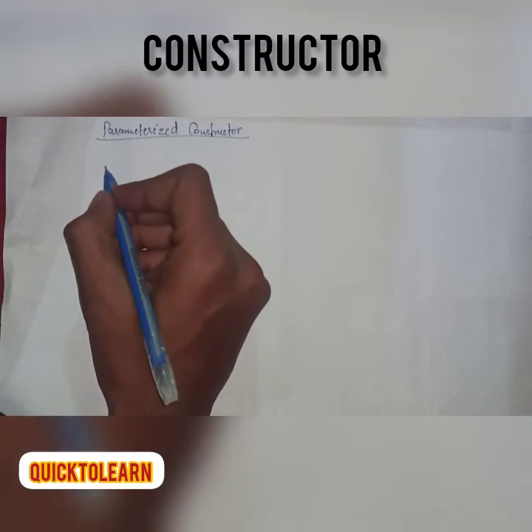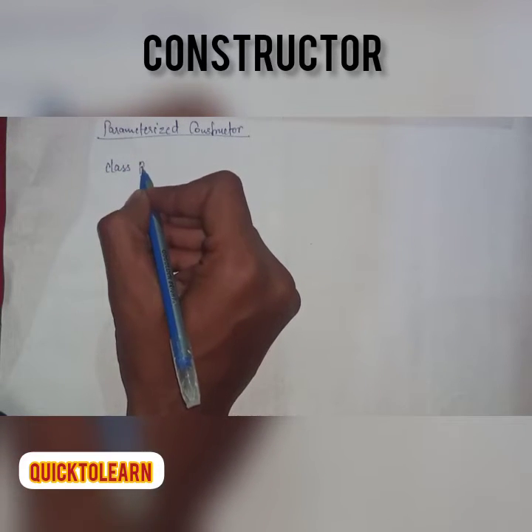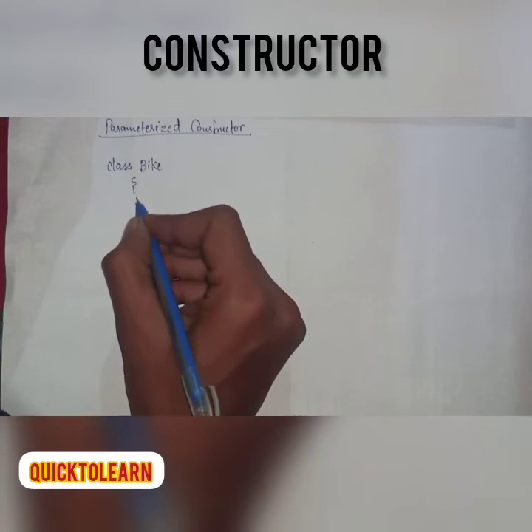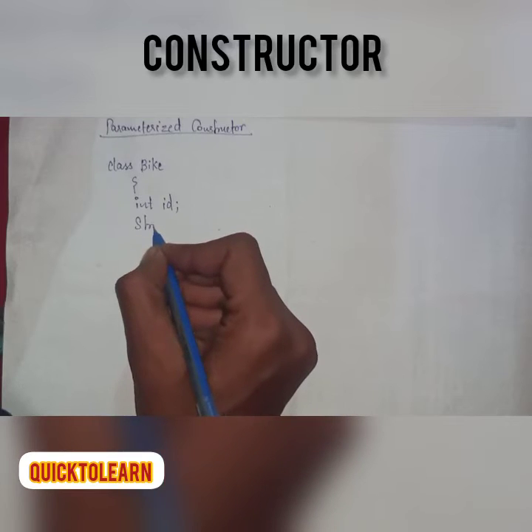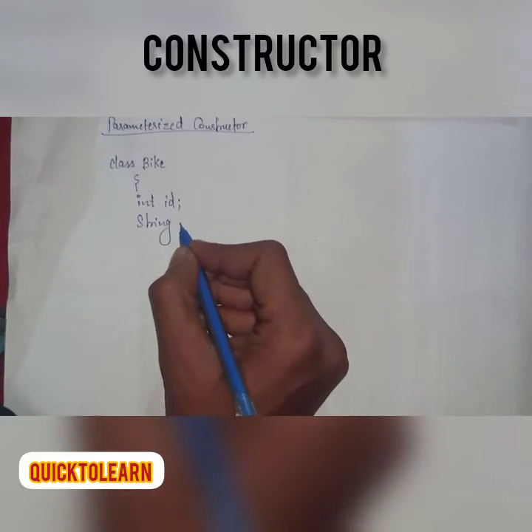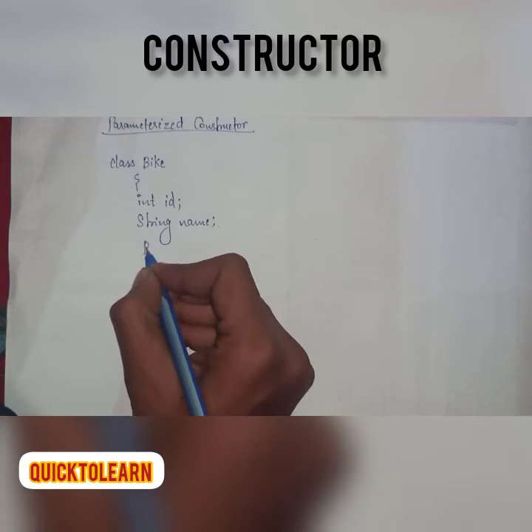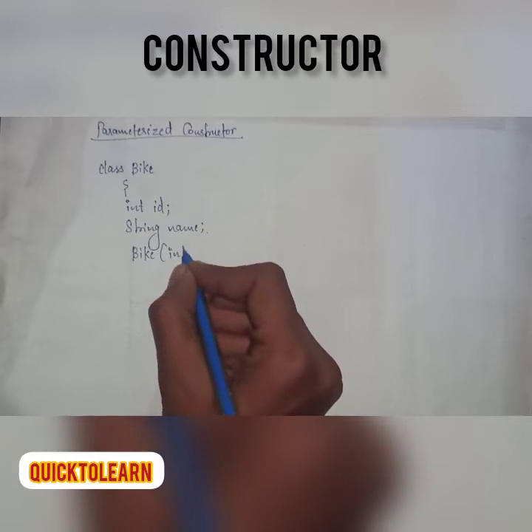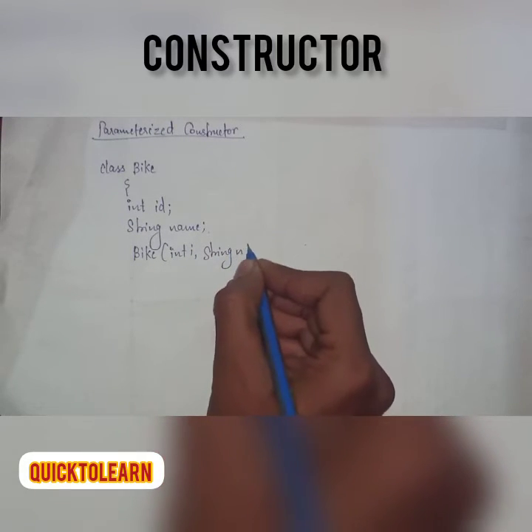Now the parameterized constructor. First we create a class Bike, which has an int id of that bike and a String name of that bike. These two variables are used, and we create a constructor, which is a parameterized constructor, with int i and String n.